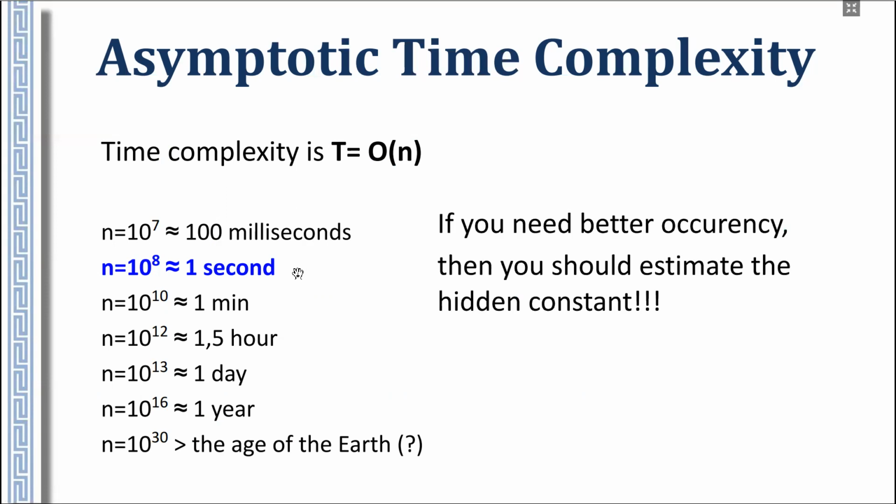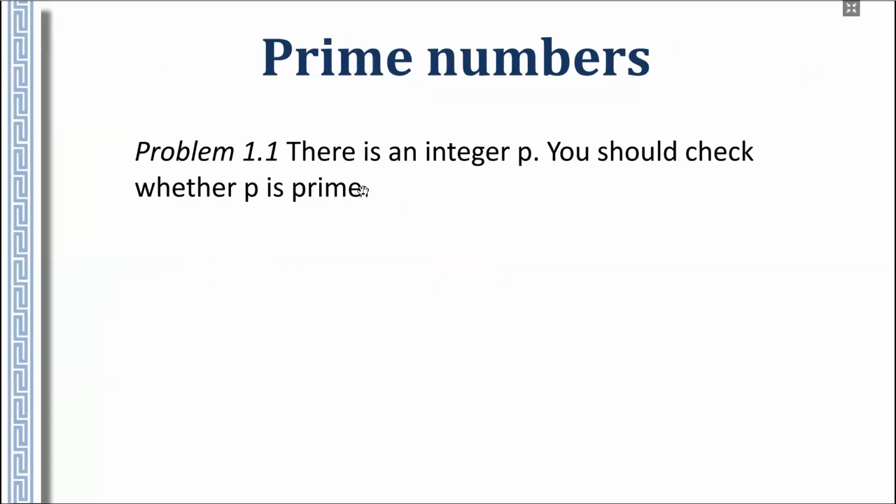But if you want to know exactly whether it is 1 second or 2 seconds, then you should estimate the hidden constant for this O notation. But if what matters to you is whether it is 1 second or 1 minute or 1 hour or 1 day, then it is enough to estimate the asymptotic time complexity.